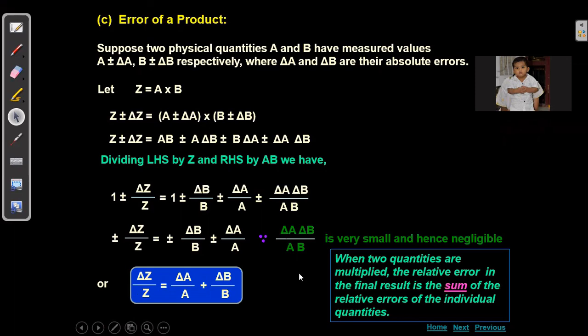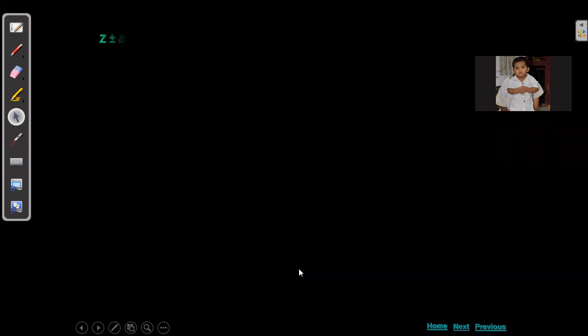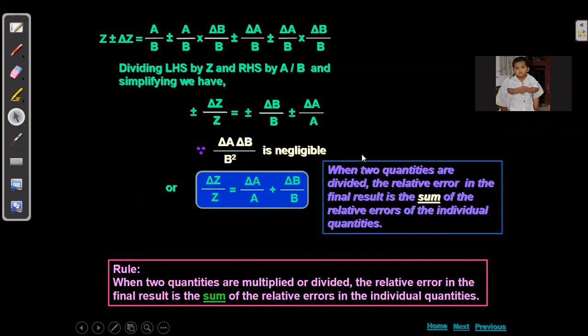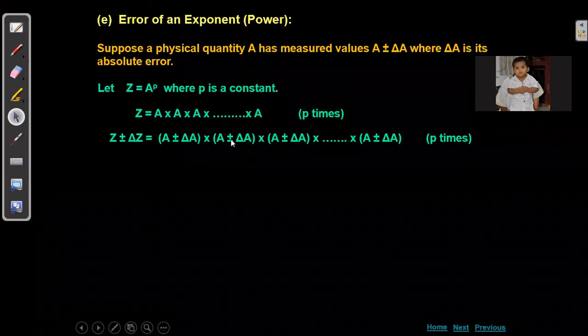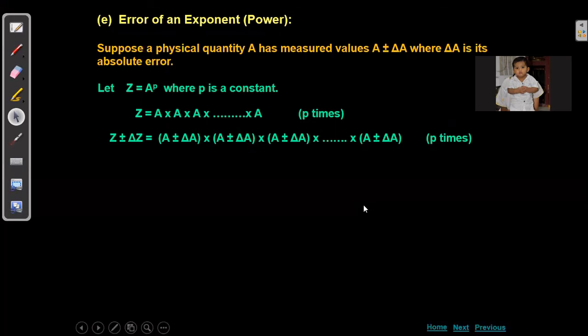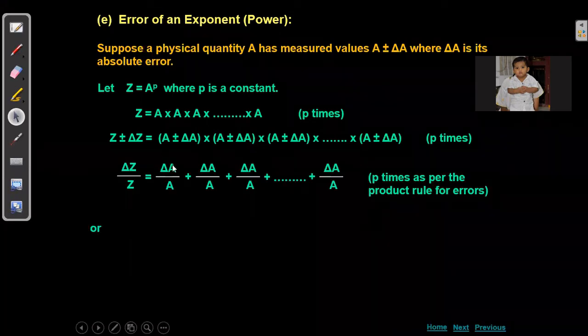So that is what we got here, but here we have more multiplication terms, right? So many are there. Delta A plus or minus delta A plus or minus delta A. However many there are, that many relative errors have to be taken. Delta A by A, delta A by A, delta A by A, in summation of that we have taken, because already we have seen that multiplication rule, that only I am implementing over here.